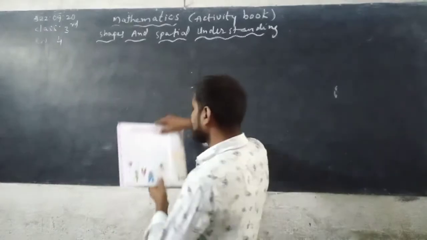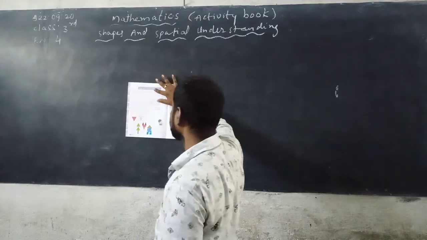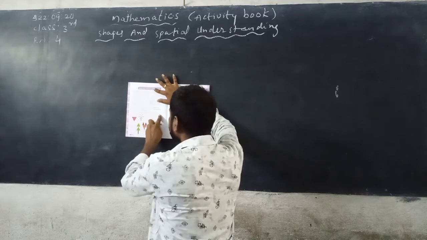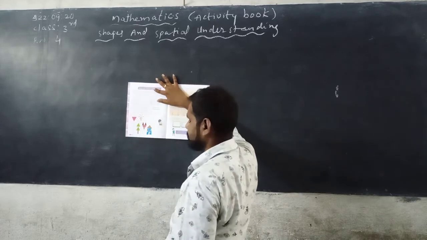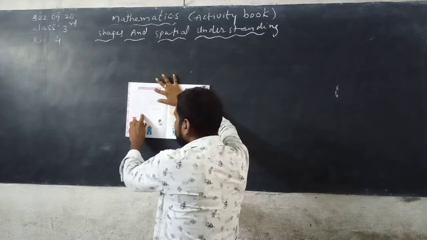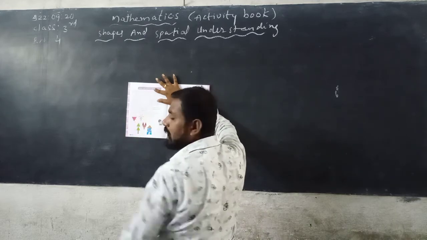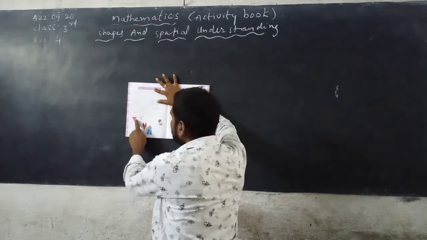Everybody listen carefully. Count the number of triangles in all the pictures and write the number in the box. See here, how many triangles are there?